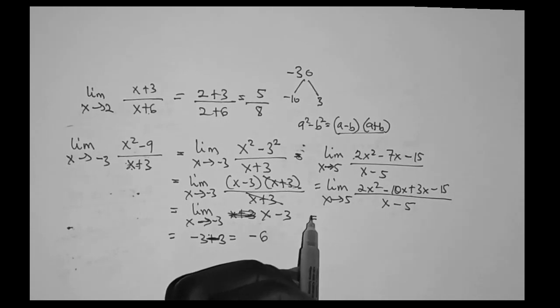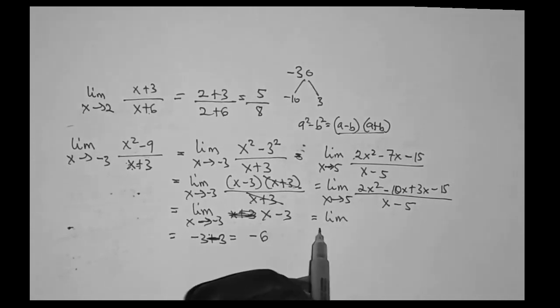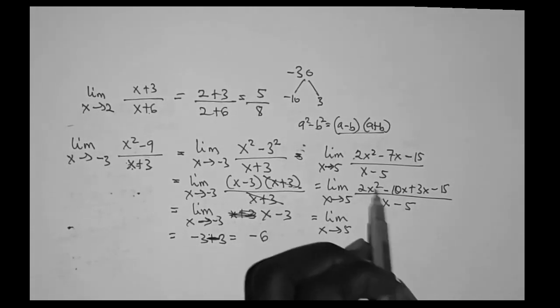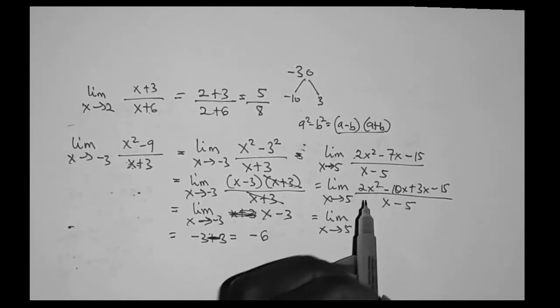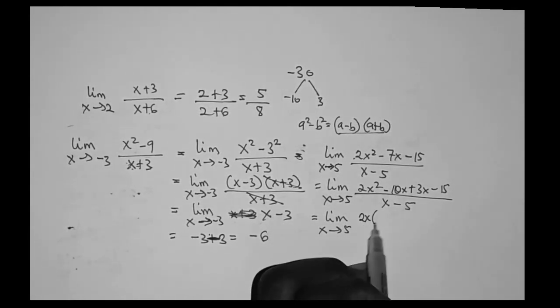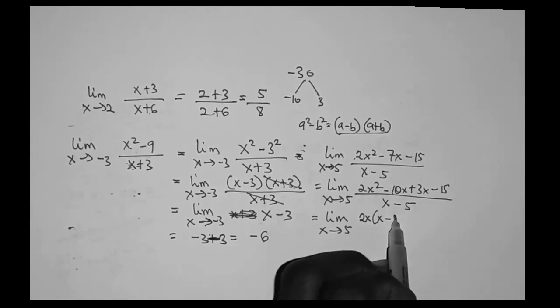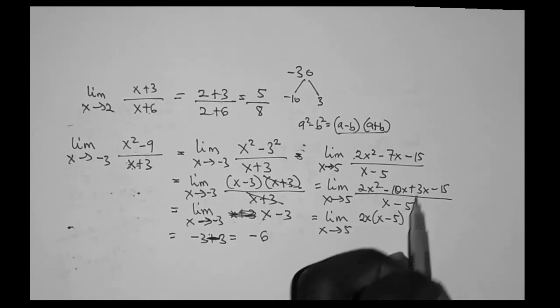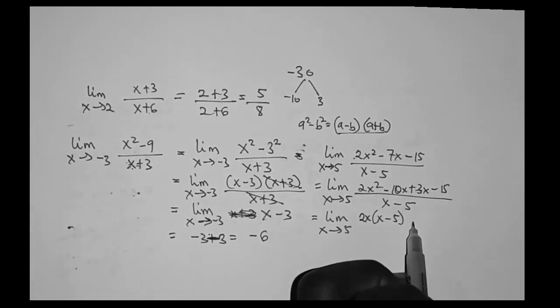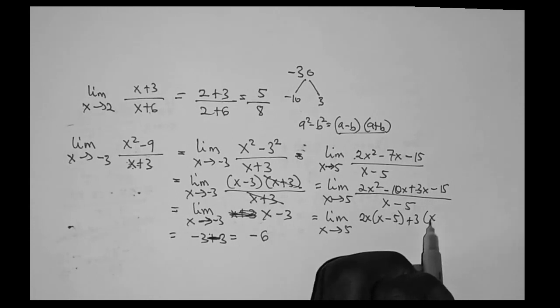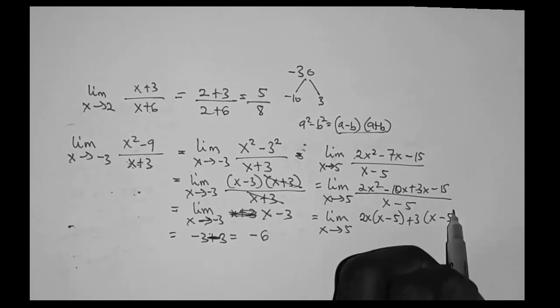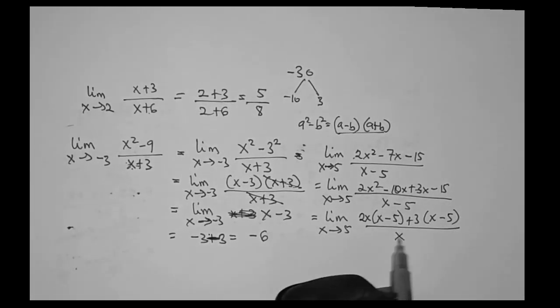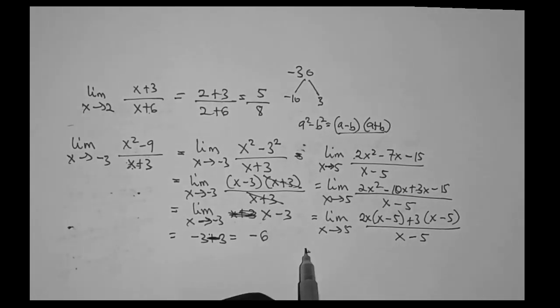And this is equal to the limit as x approaches 5. We can factorize 2x from this side, so 2x into bracket x minus 5. Then we can factorize 3 from this side, so plus 3 times x minus 5, divided by x minus 5. So this is equal to the limit as x approaches 5.